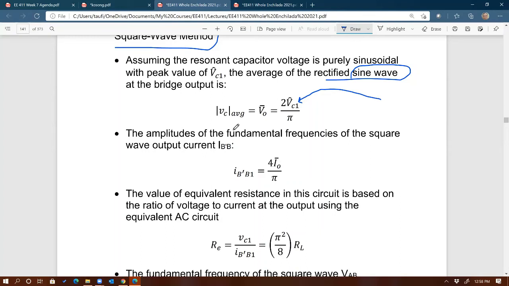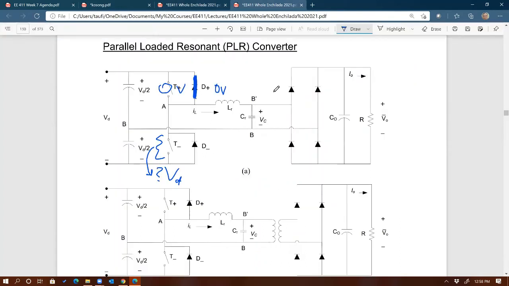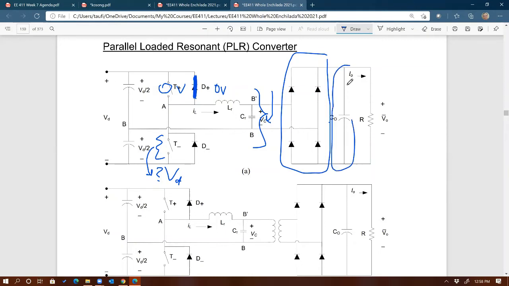And then it goes into a bridge right here. So this is going to be a sine wave voltage across the cap, and it will be more sine wave if you operate the system in CCM2. That sine wave voltage will be rectified by this bridge, and then you have this filter capacitor to give you an almost flat voltage across this load.